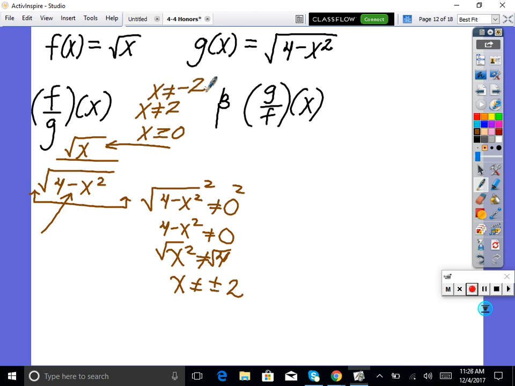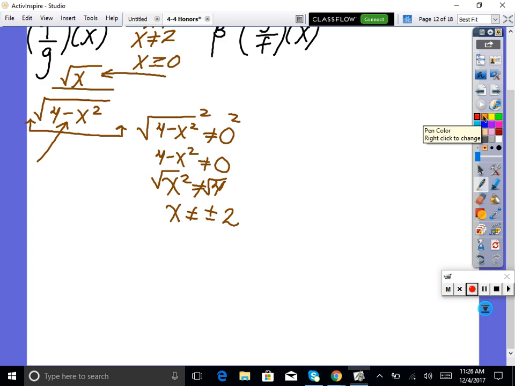Does everybody see? Okay, this is where the hard part comes in. The hardest restriction, which we did not do very well in first hour. That's why I said that time. So we know that it's true to say this denominator underneath this radical, 4 minus x squared, needs to be greater than or equal to 0. Am I right? Now watch what I'm going to do. You could use algebra.